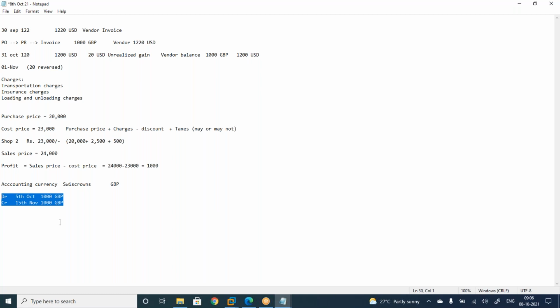Ledger account, yes, sir. But as per their currency, Swiss crowns is their local accounting currency. Now here, usually it will not be changed. To be frank, it is fixed actually.